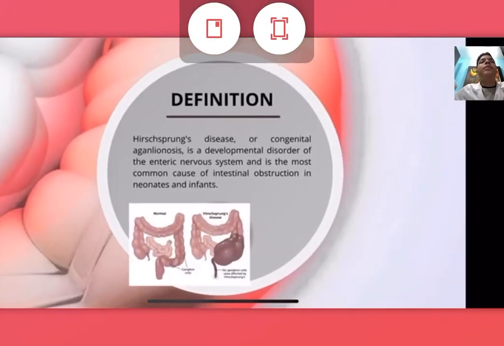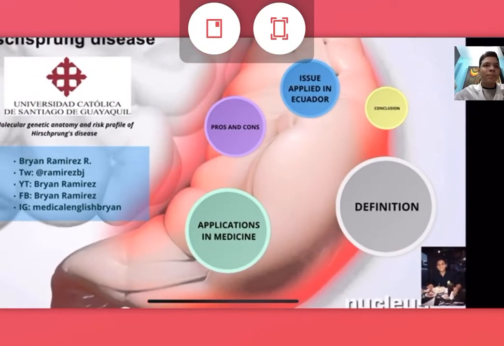Okay, first, the definition. Hirschsprung disease or congenital aganglionosis is a developmental disorder of the enteric nervous system and is the most common cause of intestinal obstruction in neonates and infants.